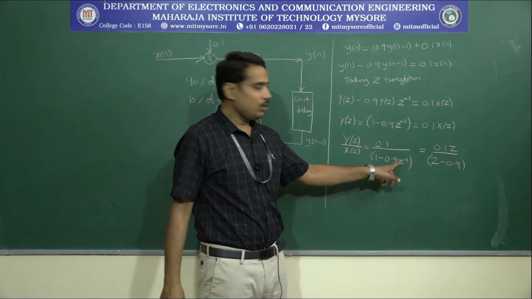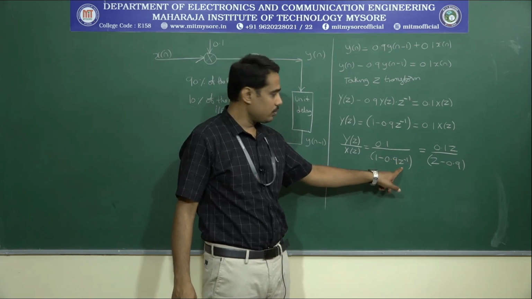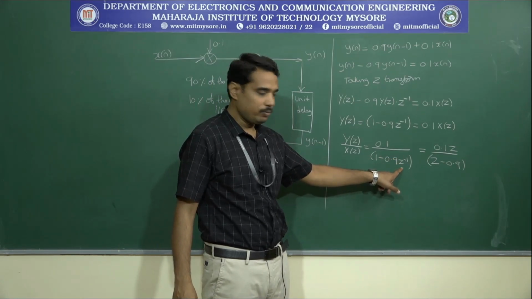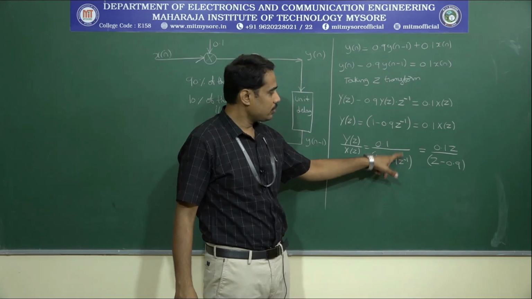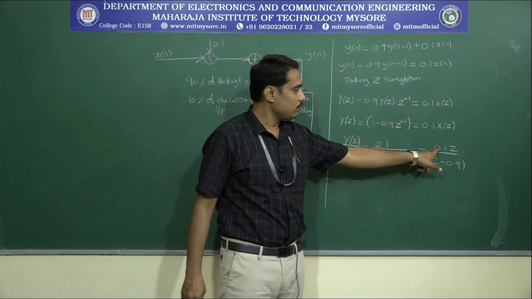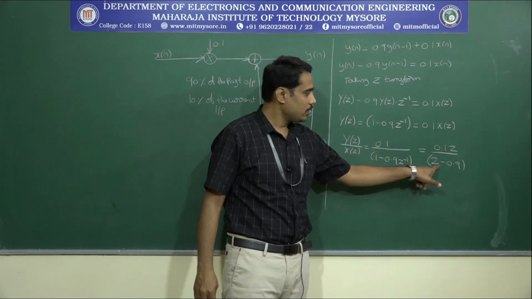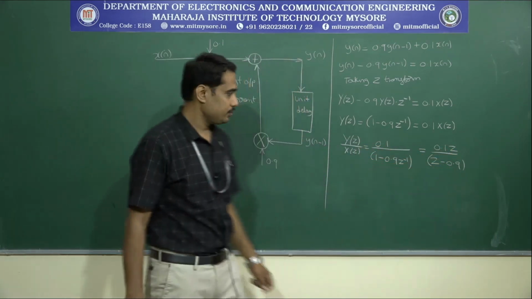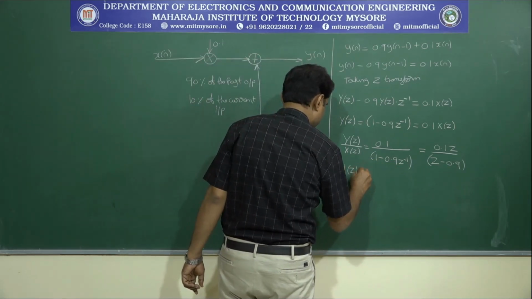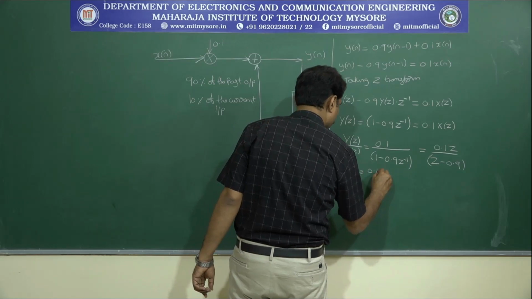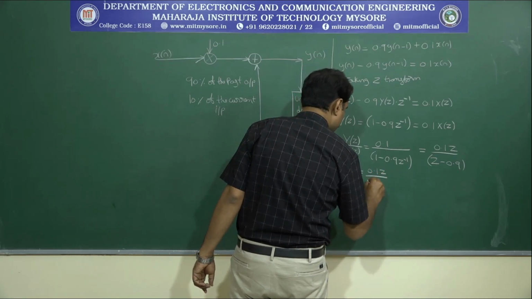Z inverse is nothing but 1 upon z. If you cross multiply, the z which is in the denominator becomes z, and the denominator z goes to the numerator to become 0.1 times z upon z minus 0.9. Then we have the transfer function H of z is equal to 0.1 into z upon z minus 0.9.